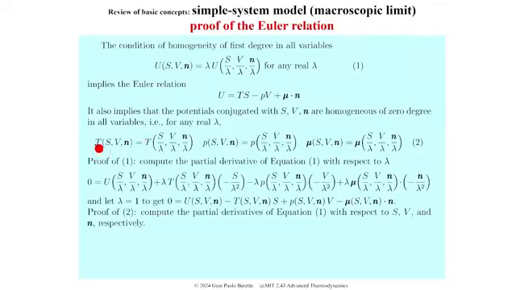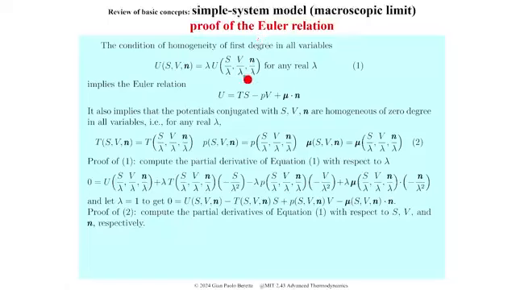So the temperature of a system with given S, V, and N is equal to the temperature, of course, we're talking about stable equilibrium states, for a system in which the S, V, and N's are divided by the same number. As long as it's the same number, it will be the same temperature. So that means small or large, as long as the relative amounts are equal, you get the same temperature for the stable equilibrium states.